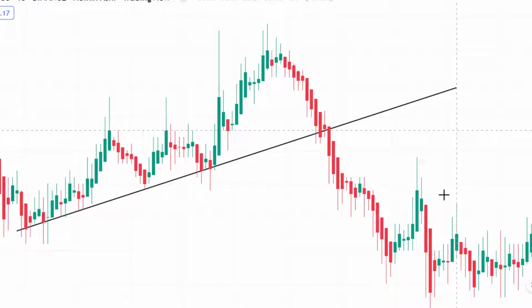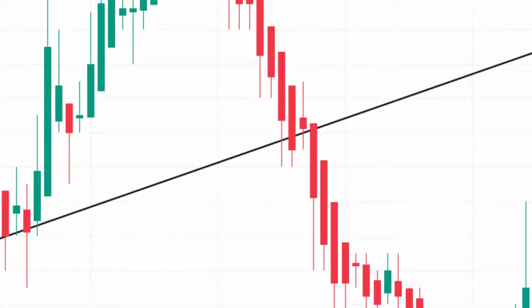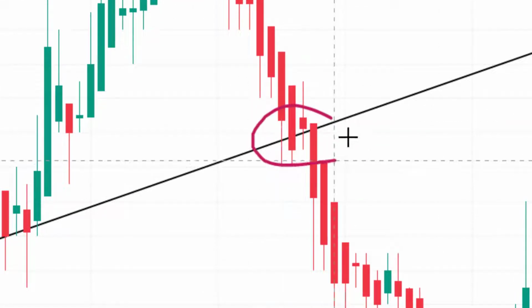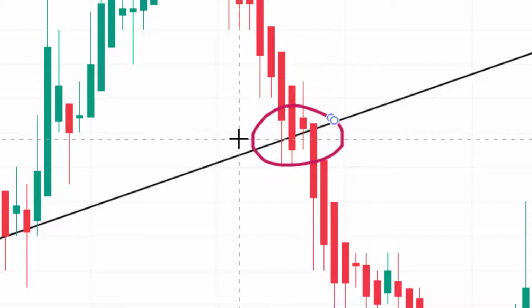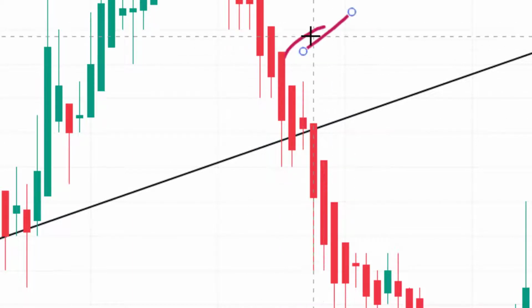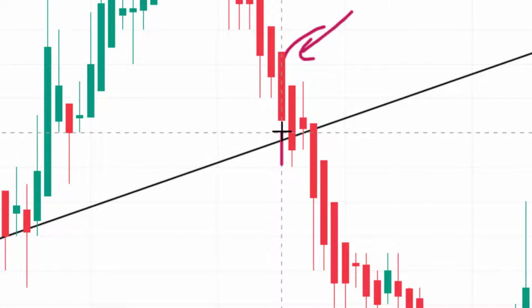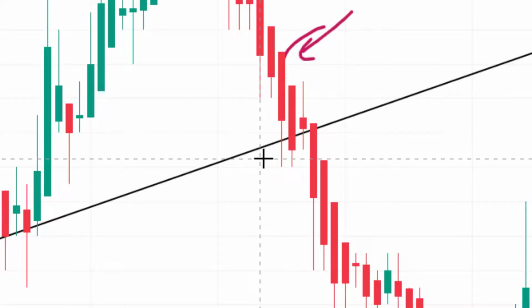Now if I show you this example, as I told you, whenever the closing candle is below the support line, this is your confirmation. So you can see this candle, the closing is above the support line. You can see the wick of this candle, but the closing is above the support line.